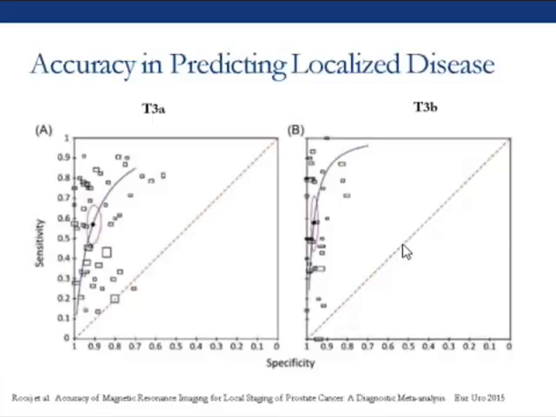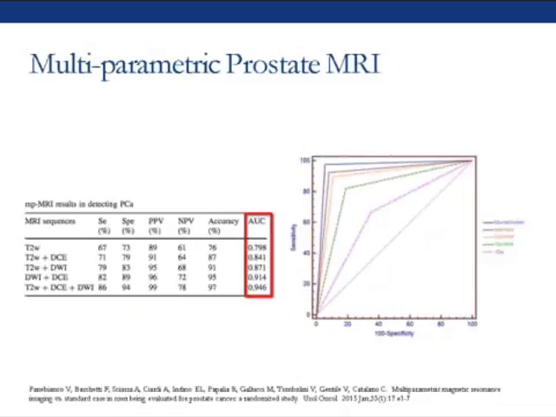Just to put this in context, mammography has a specificity of about 90 to 95% and a sensitivity of about 75 to 90%. So there's room for improvement. This slide demonstrates that as you increase the multi-parametrics, starting with T2, then adding DWI and DCE, the area under the curve increases.